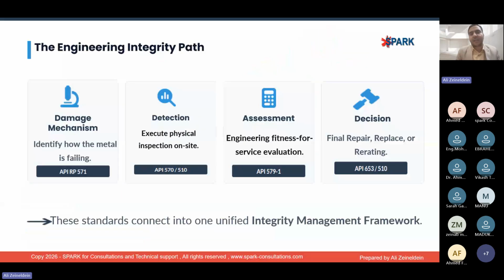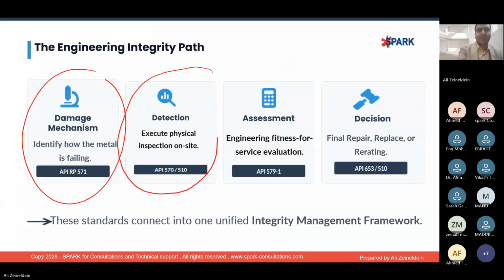Here, this is the engineering integrity path: identifying the damage mechanism, then applying the inspection to detect this kind of damage mechanism, then doing some assessment by addressing the inspection results, doing some engineering fitness for service evaluation to get the final decision if we are going safely or we should take a necessary action immediately.